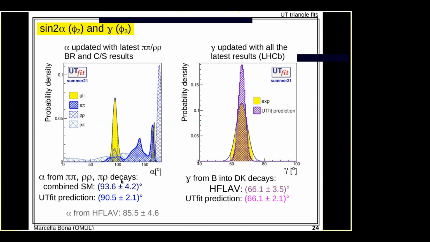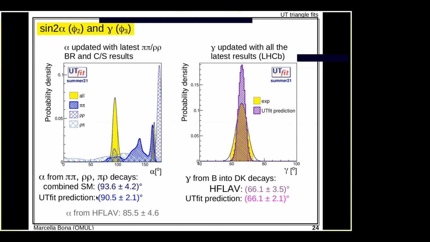For example, pi0 pi0 has been changing a little bit, rho0 rho0, and also rho pi, which is a super complicated analysis. So there could be lots of small things, but yes, I agree, I need to check because I'm not convinced.